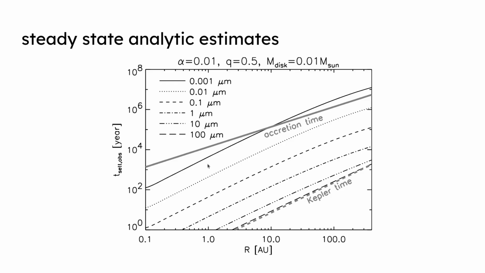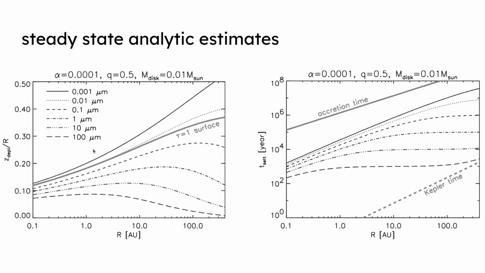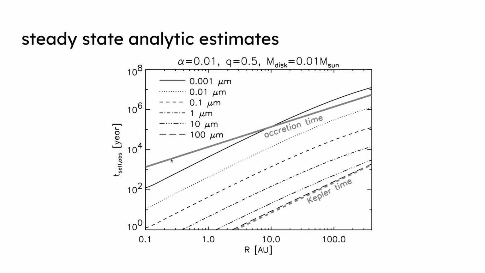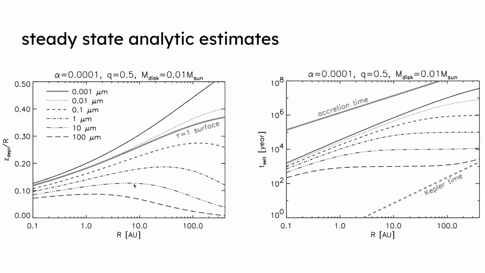And I suppose you shouldn't look at it as the Z depletion time scale, it's more like for kind of a majority of the dust. So don't compare those two, because for some dust they never go below tau equals 1 surface.